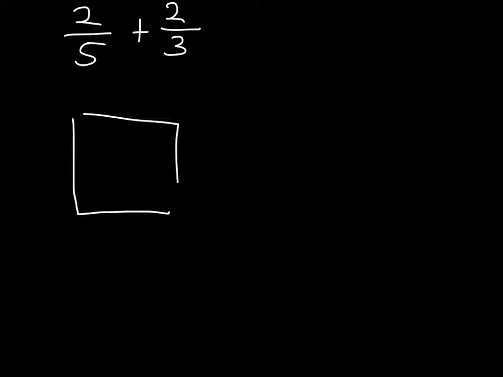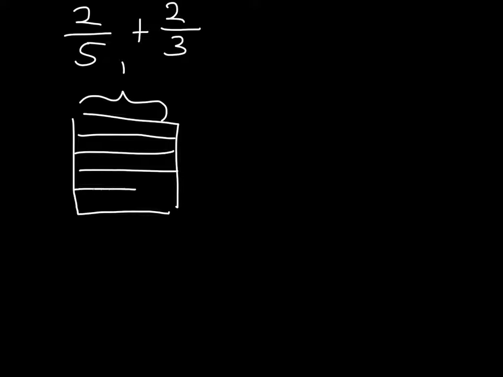Okay, now we are going to add 2/5 and 2/3. We're going to make an area model, making sure that we label it as one whole. We're going to draw 4 lines to divide it into 5 equal parts, and we will shade in 2 of the parts.